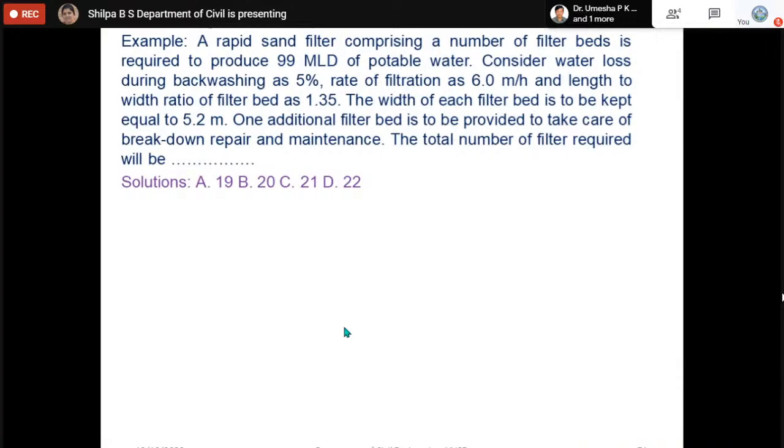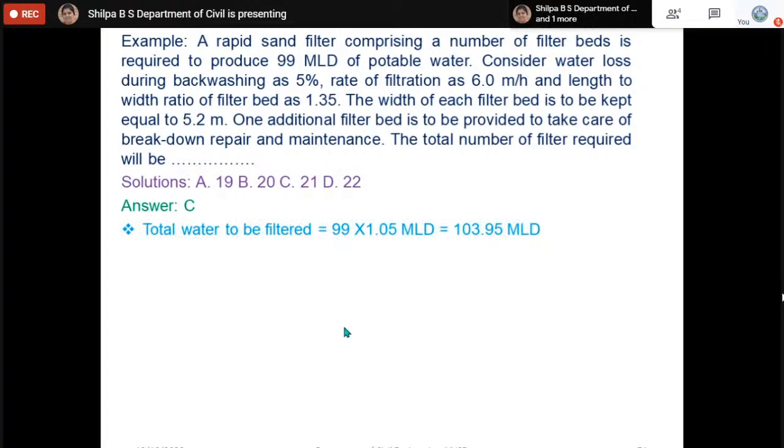The width of each filter bed is to be kept equal to 5.2 meter, and one additional filter bed is to be provided to take care of breakdown, repair, or maintenance. What total number of filters is required? They have given 4 options. The answer is C, that is 21.